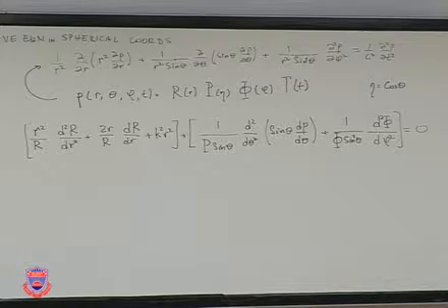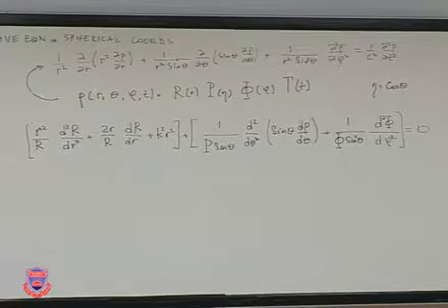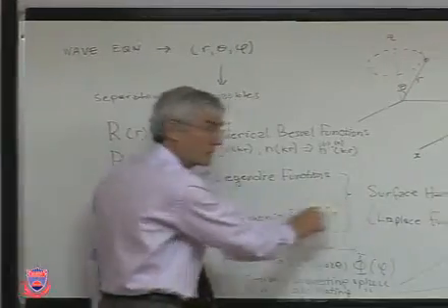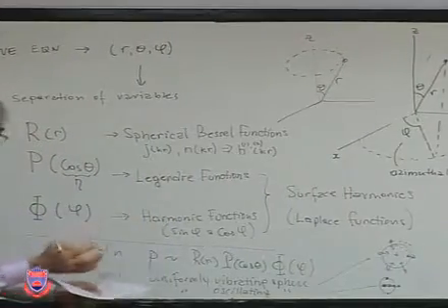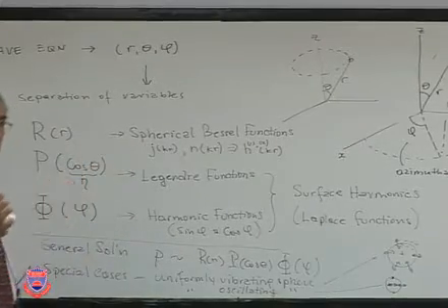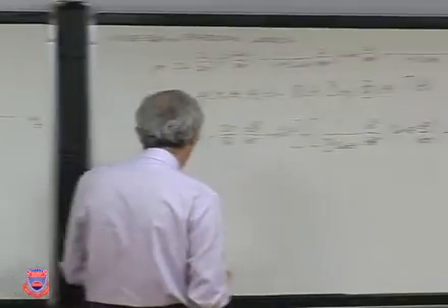So the dependence on the surface angles are interrelated. That's why, in some ways, we use these together as surface harmonics, just the angular distribution. Together, they tell us which direction the pressure waves will be traveling. They define the directivity.